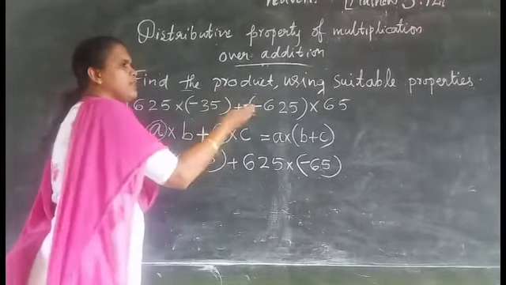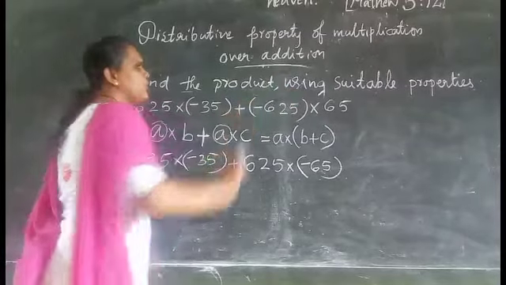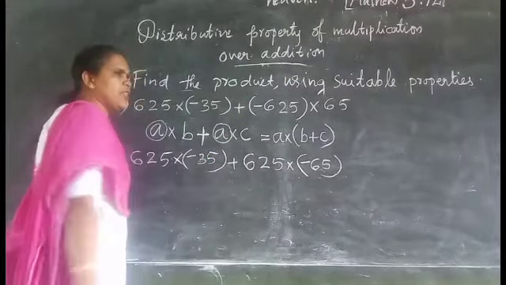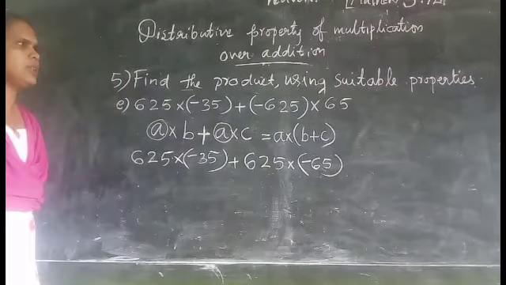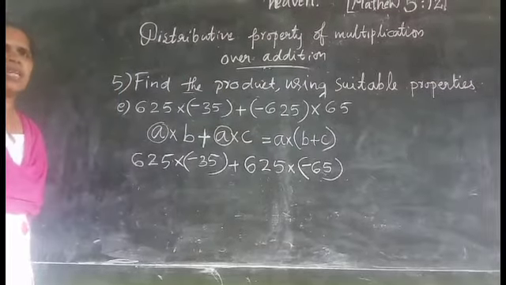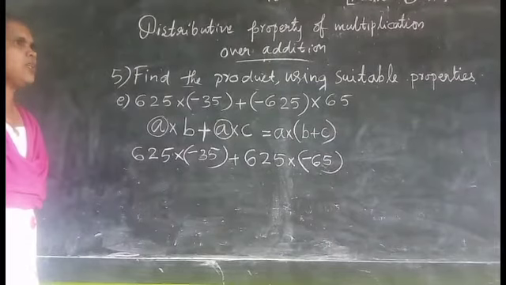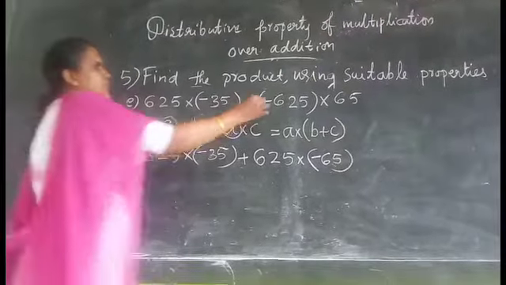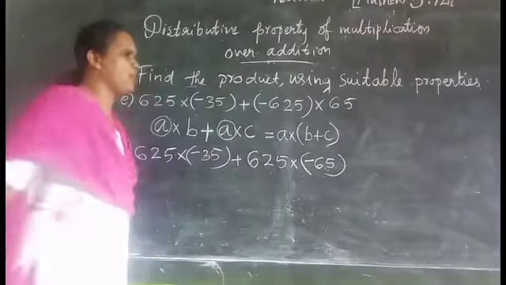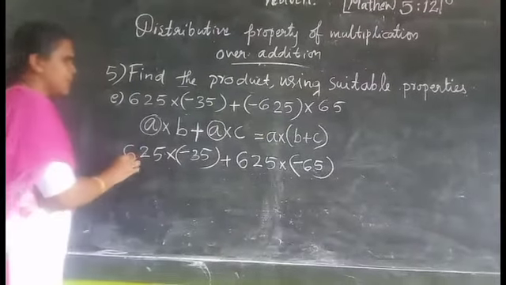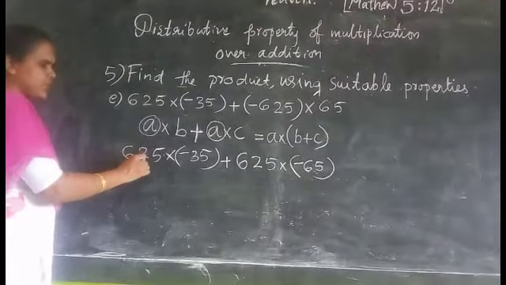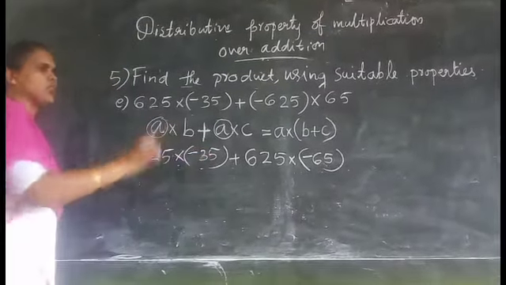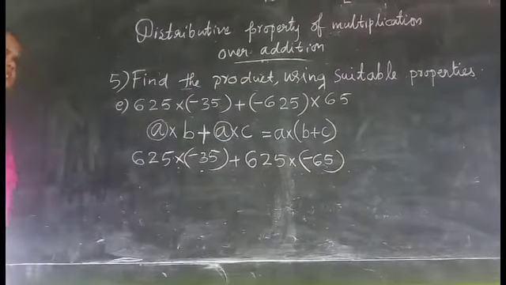since it is multiplication, we can change this negative to 65 also, because multiplication is commutative. In earlier classes you learned A into B is also equal to B into A. So the question becomes 625 into negative 35 plus 625 into negative 65.